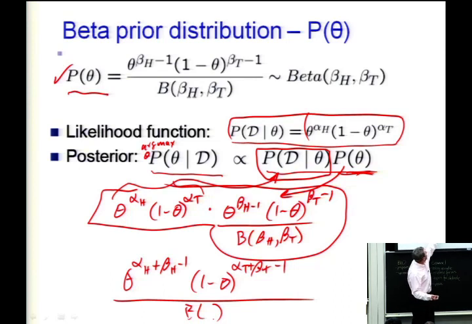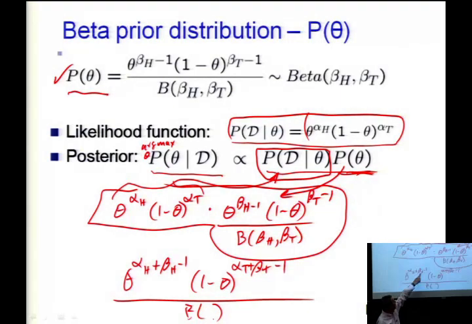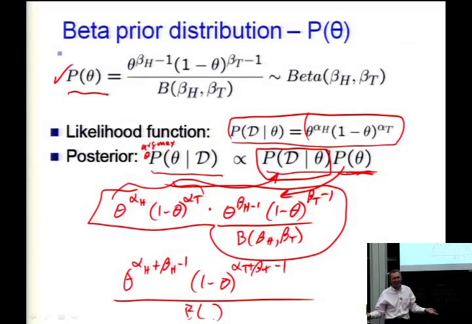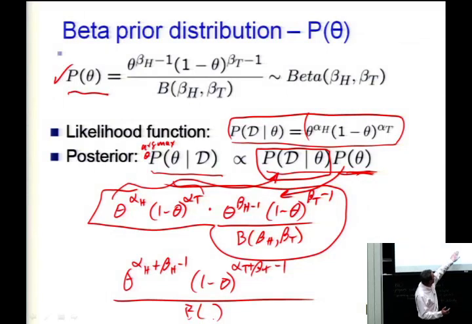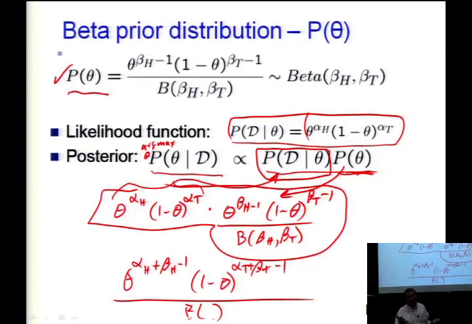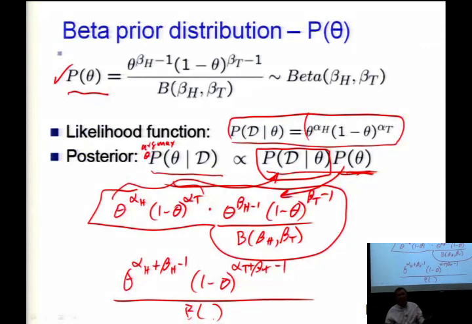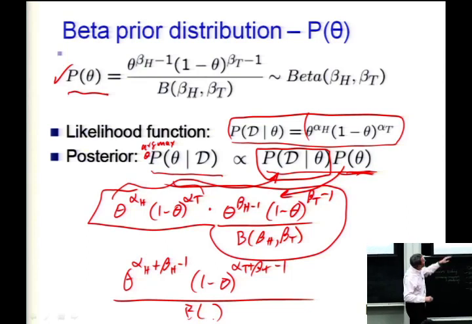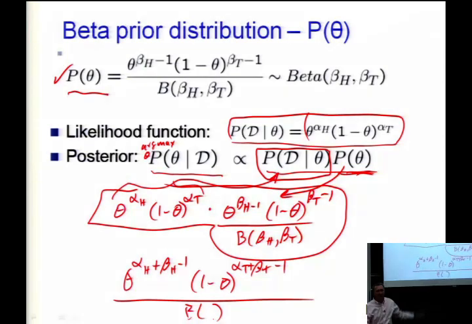We had some number of observed heads, which in our case was alpha h, but now we also have these hallucinated beta h minus 1, effectively hallucinated heads that were built in, which are the beta parameters from our prior. And for tails, we were taking the probability to an exponent which reflected the number of times that we observed tails, plus, in this case, a term from the prior which we can think of as a hallucinated number of tails.